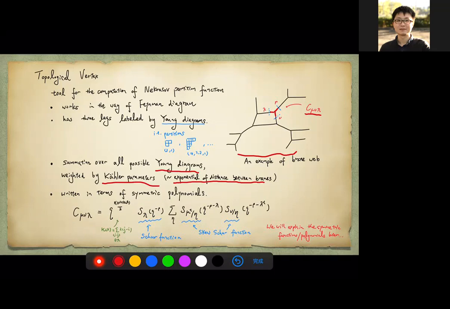The topological vertex doesn't look very complicated.